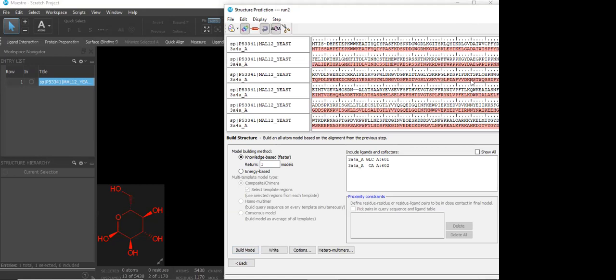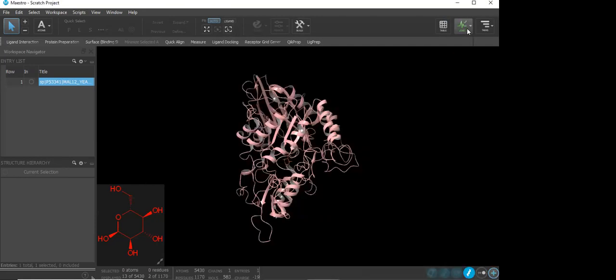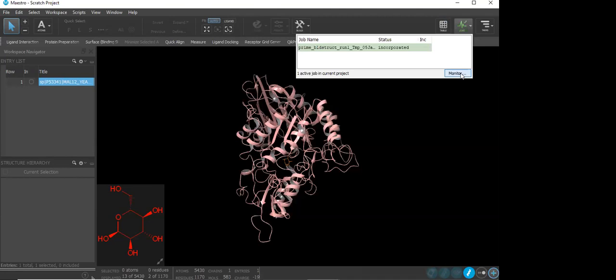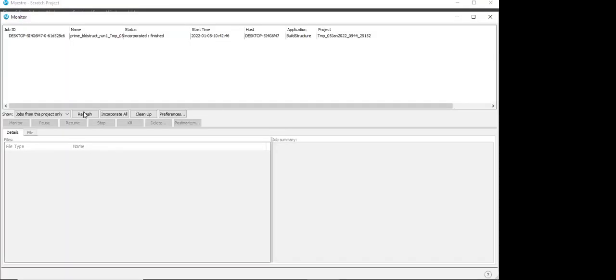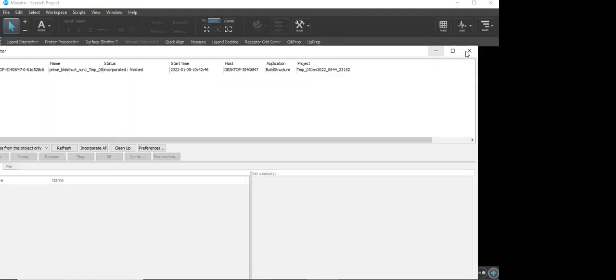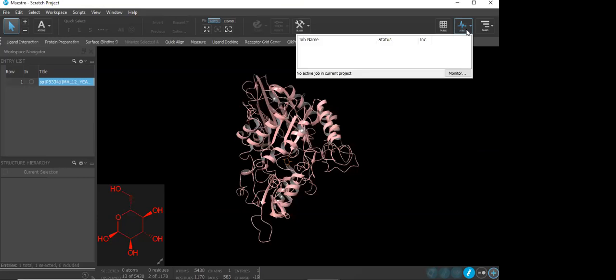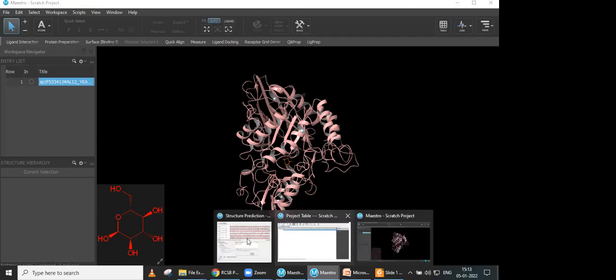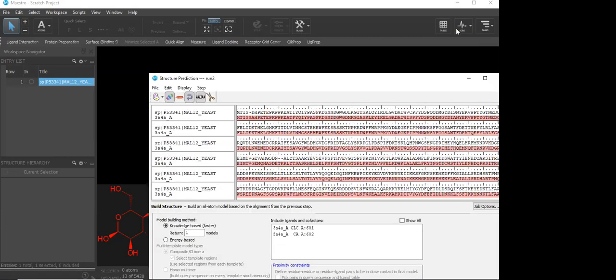the job has started. For completion of the job, it will take quite some time, but we have already performed this job a few hours back.